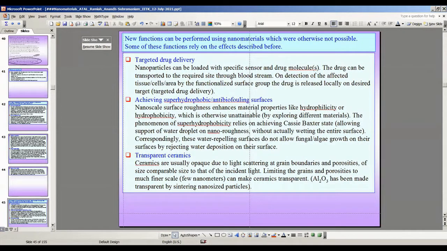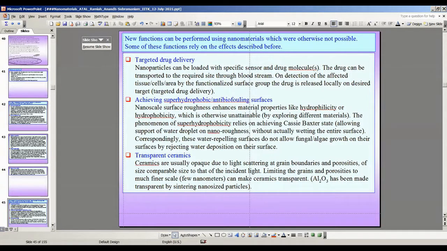Now, what kind of technology can we do? We can do targeted drug delivery. We can make super biofouling surfaces. We can make transparent ceramics. In targeted drug delivery, for instance, I showed you some hollow structures. So you can magnetically drive these hollow structures loaded with some sensors to a local region in the body wherein you can release them. Because one of the problems with drug delivery is that you normally oversaturate the body.